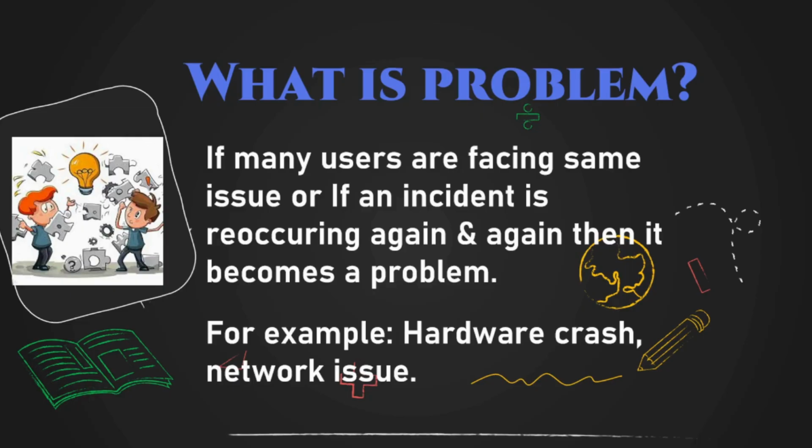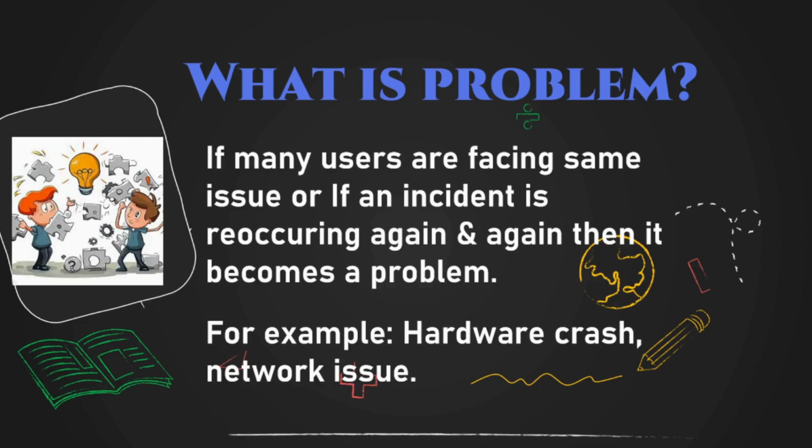Let's suppose you have an issue with your laptop. Sometimes it goes down, sometimes it shuts down. When you open it, it opens up again, but it goes to reboot mode again. That means you have some problem with the system hardware, and that requires a resolution or a root cause.